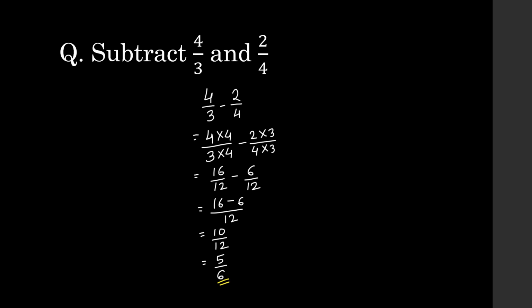So 4 4s are 16, 3 4s are 12, minus 2 3s are 6, 4 3s are 12. Now the denominators have become equal, so we can subtract the numerators. 16 minus 6 gives 10 divided by 12, and upon simplifying we get 5 upon 6. So this is how we add and subtract two fractions, that is, rational numbers.